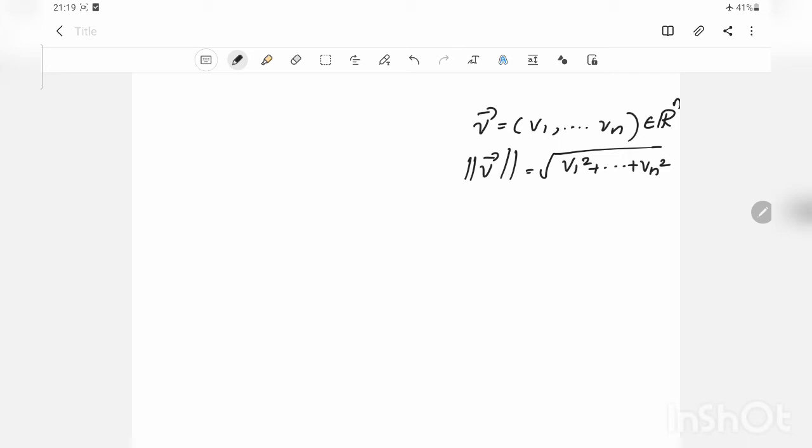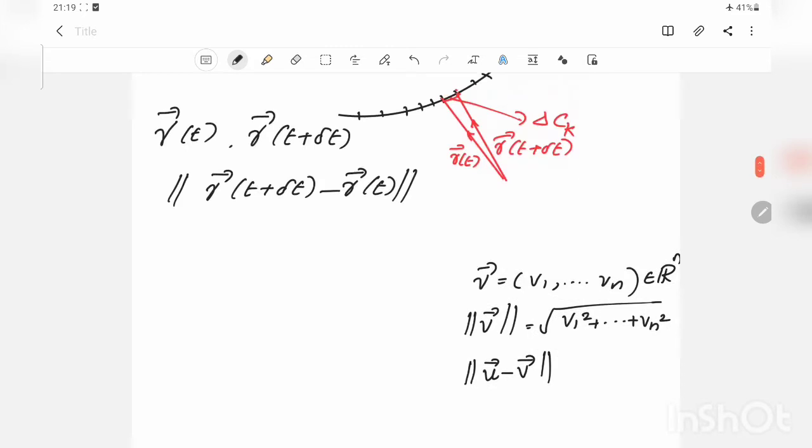And if u is any other vector in Rn, then the norm of u minus v gives the length of the straight line joining u and v. So the norm of gamma of t plus delta t minus gamma of t gives the length of this curve delta C.